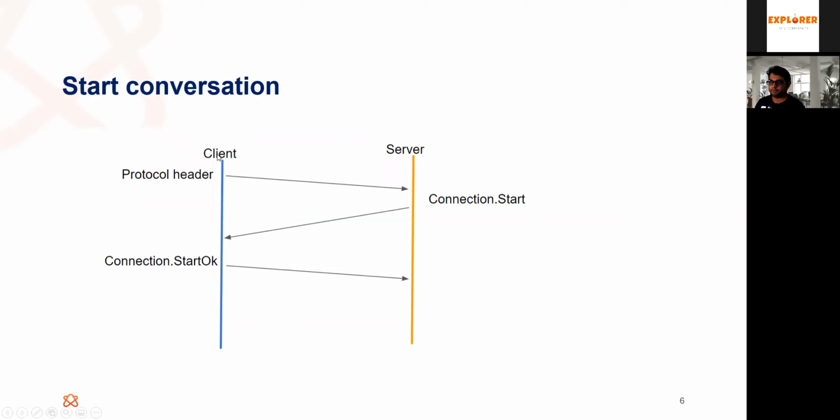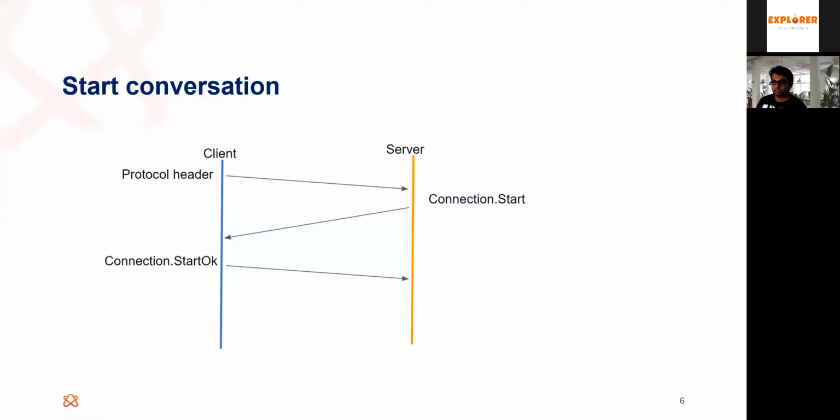From the client, it will send a protocol header frame, and then once it is received, RabbitMQ will send the connection start command, and the client has to send connection start OK. Then only the connection will get established. That is how this protocol works internally.